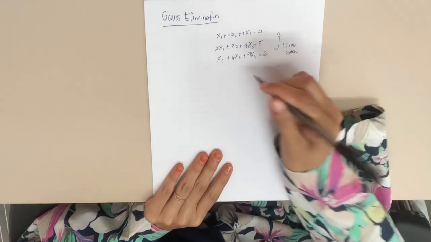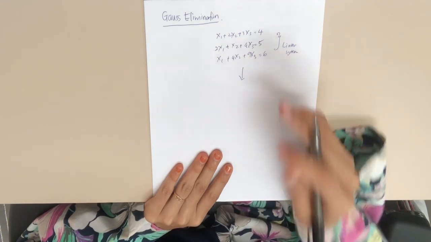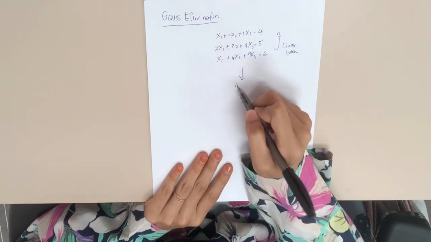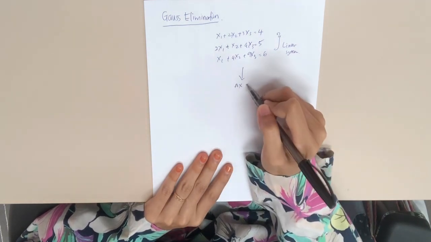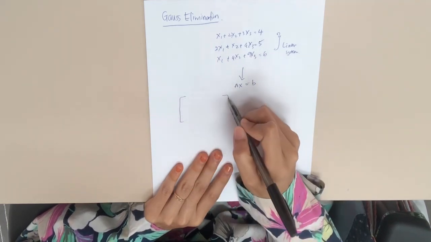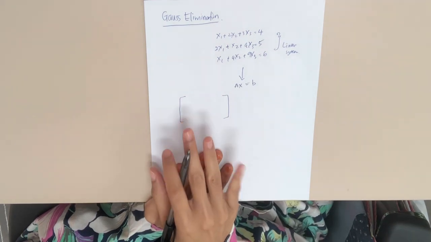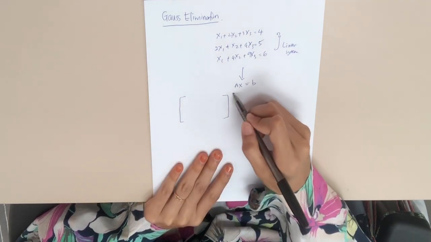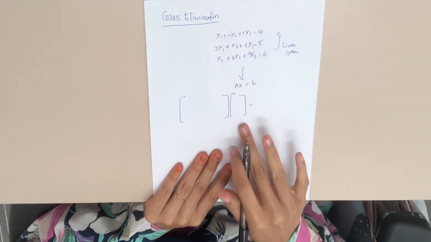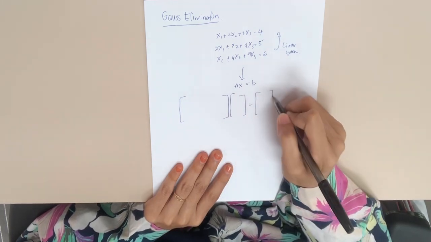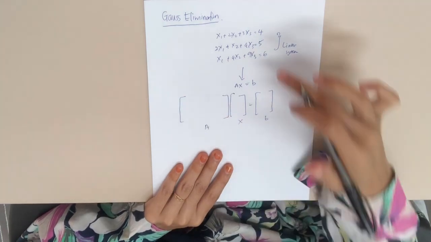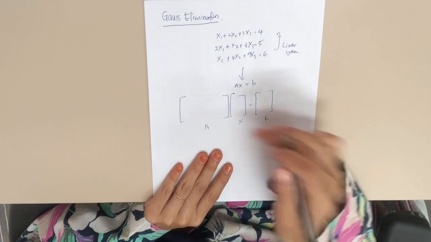Next, what we need to do is change it into matrix form. If you still remember the introduction, this is the matrix form. You have a matrix A, which is the coefficient matrix, matrix X is the variables, and matrix B is the solution. Let's transform this into matrix form.